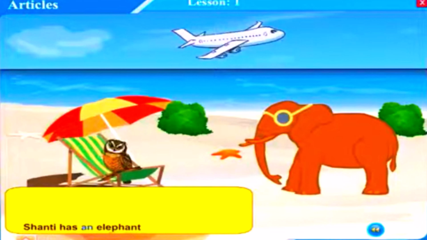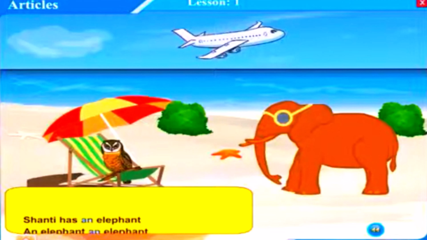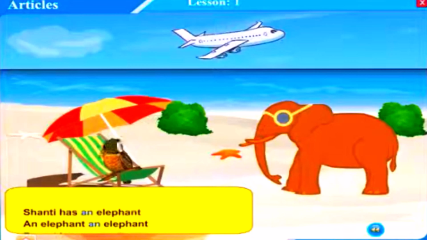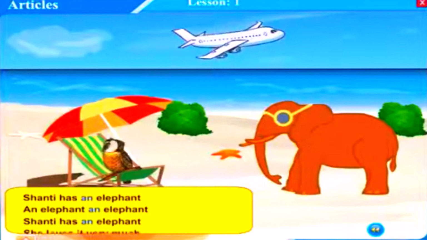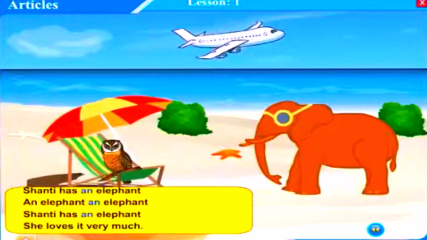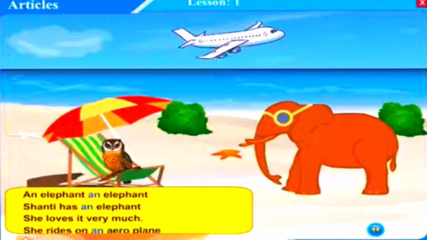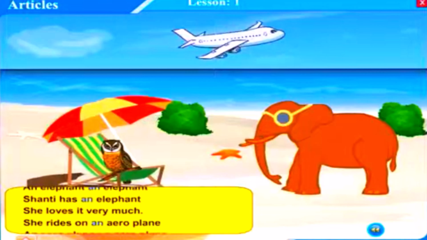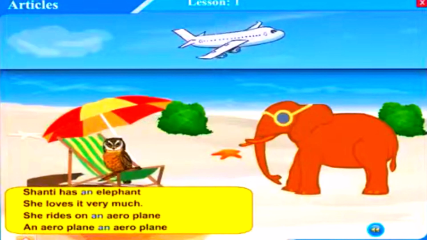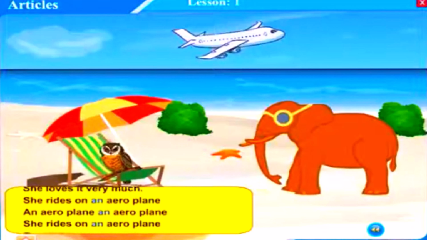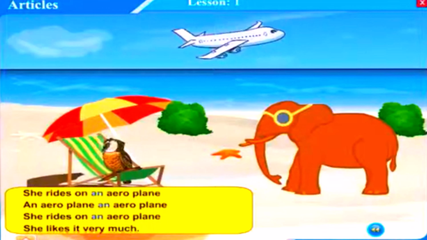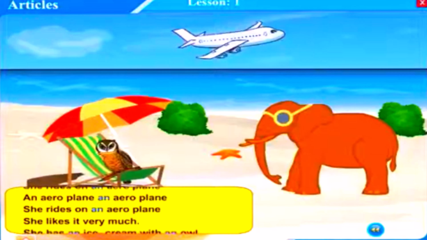Shanti has an elephant, an elephant, an elephant. Shanti has an elephant, she loves it very much. She rides on an aeroplane, an aeroplane, an aeroplane. She rides on an aeroplane, she likes it very much.